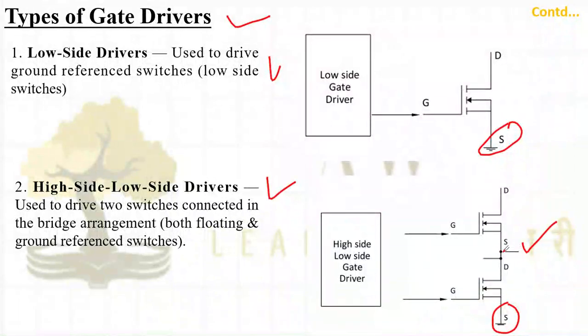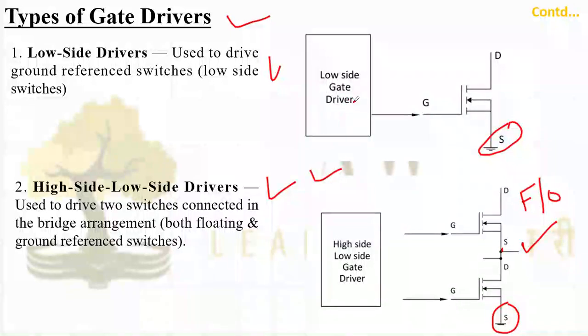It has some voltage here, because the drain of the other switch is here and the source of the first switch is here. So this is not zero potential. Such a type of connection is a floating connection. It is not with respect to my ground. So when there is a floating connection, that time I need the high side low side gate driver. Okay, so this thing you should keep in your mind.